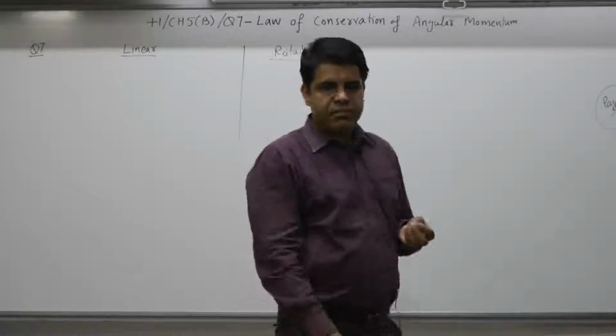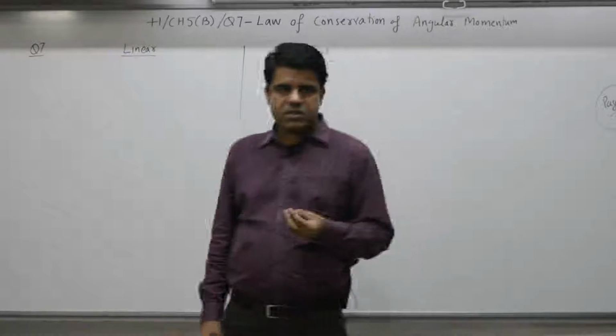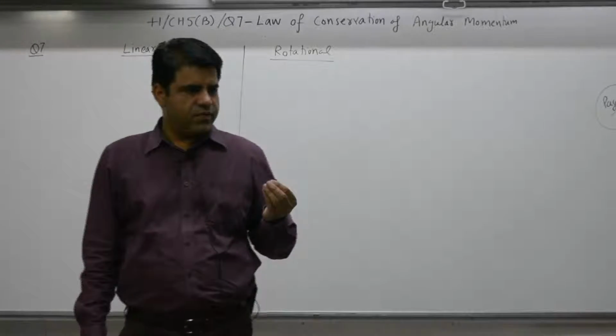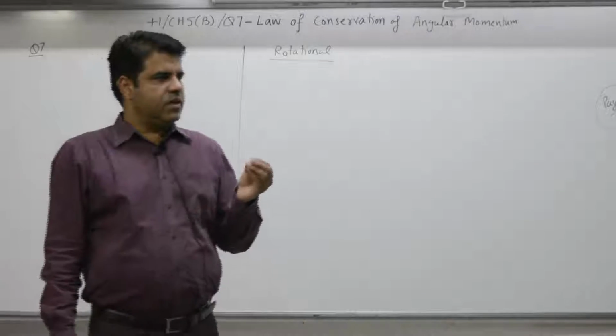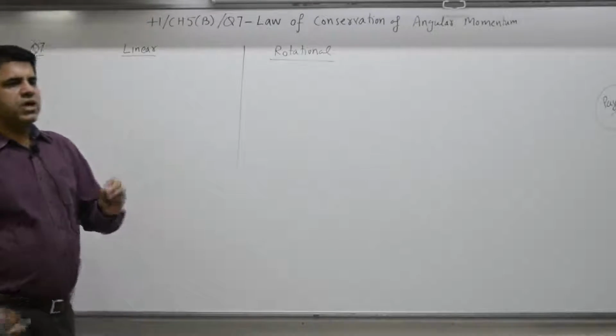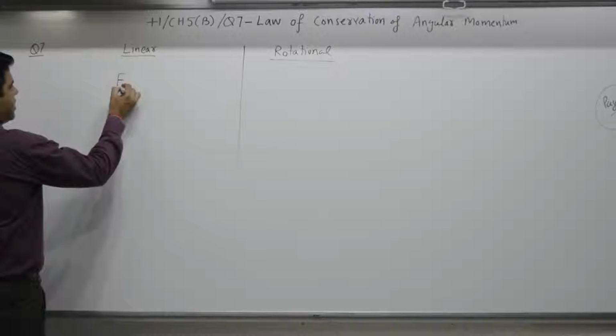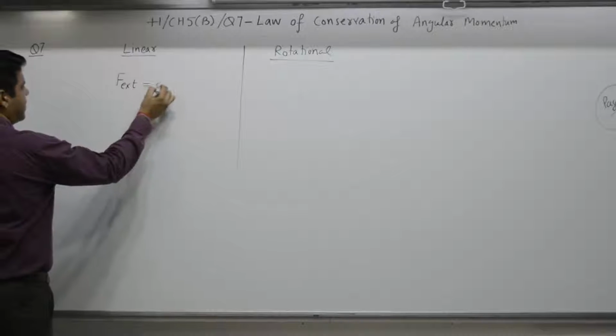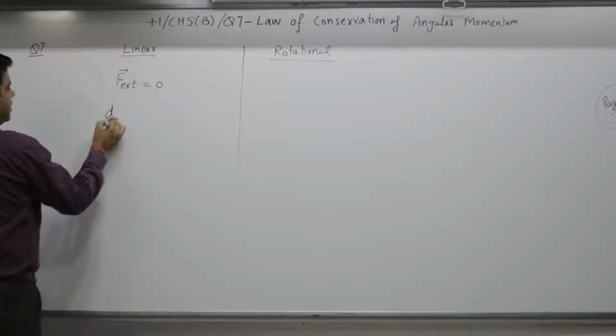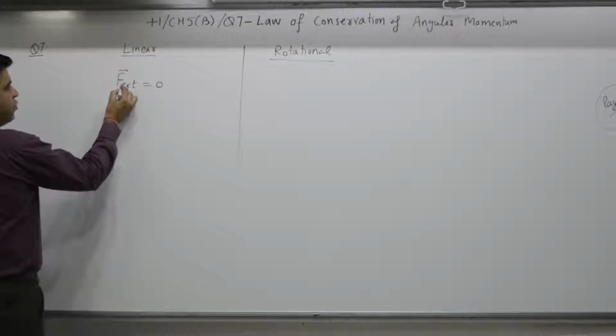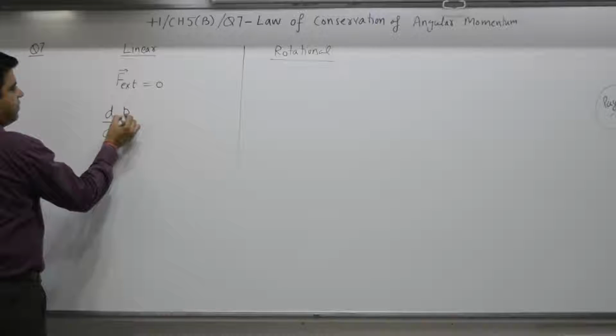Total momentum of the system remains constant if there is no external force acting. So in linear, if there is no external force acting, then force is equal to what? Rate of change of momentum.